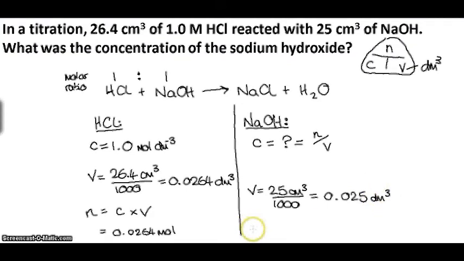Now this is where we can use the molar ratio we worked out earlier on. We can use N from above. We know it's a 1-to-1 ratio, so if we use 0.0264 moles of hydrochloric acid, that converts nicely across, and we know we must have used 0.0264 moles of sodium hydroxide.